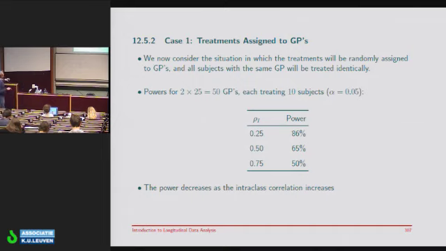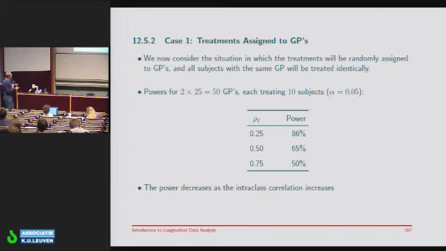So let's take a look at powers. What you see here, I used the methodology we just discussed to calculate the power for a design where we have 50 doctors, 2 times 25, and each doctor would treat 10 patients. So in total, we have 500 patients in the study.